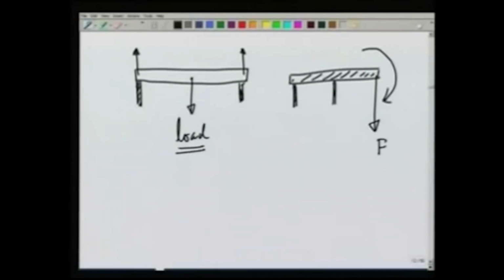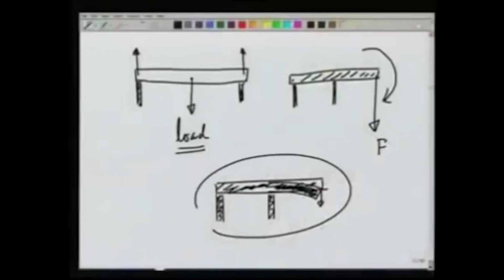Another effect that the force can have, again looking at the same beam being supported by 2 supports, 2 pillars, is that if I apply a force here, it could bend like this. So, there are all sorts of things that a force can do besides just giving it a motion. It can make the body rotate or make it bend.